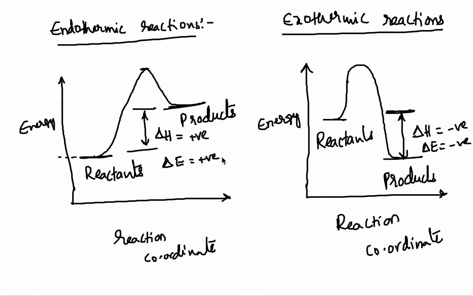So are they equal or different? The energy changes involved in a chemical reaction, let's say for the same reaction happening at constant volume, and in another case happening at constant pressure, are they equal or different? Let's study. So now we are going to make a relationship between QV and QP.